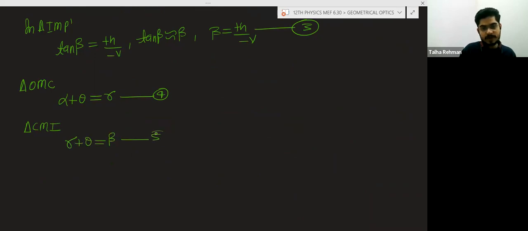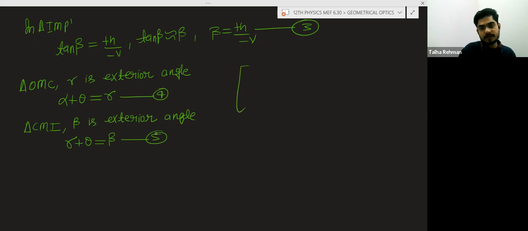This is equation number 5. In this triangle, gamma is the exterior angle, and in this triangle, beta is the exterior angle.